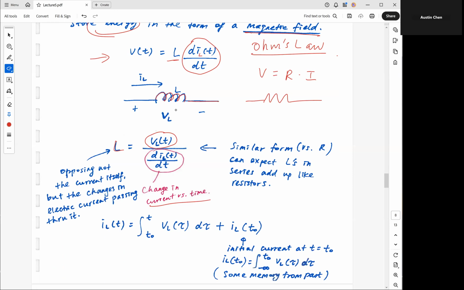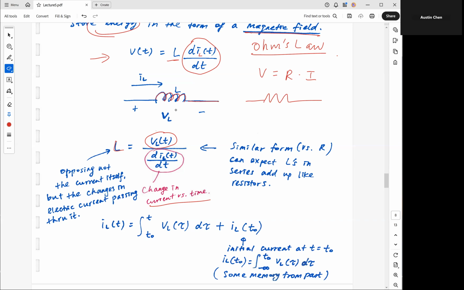So to express the current passing through this inductor, just like before, we can just take integral on both sides. So the integral will get rid of the derivative. We take the integral on both sides, move things around. So you're going to see that IL is equal to integral of VL of t from t0 to t plus IL of t0.